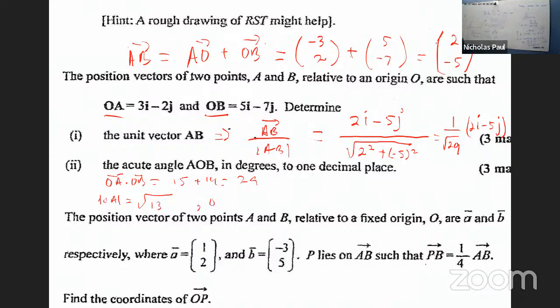And then OB is the square root of 25 plus 49, that's root 74. That's it. Cosine inverse of 29 over the square root of 13 times the square root of 74. Most people got 20.8.